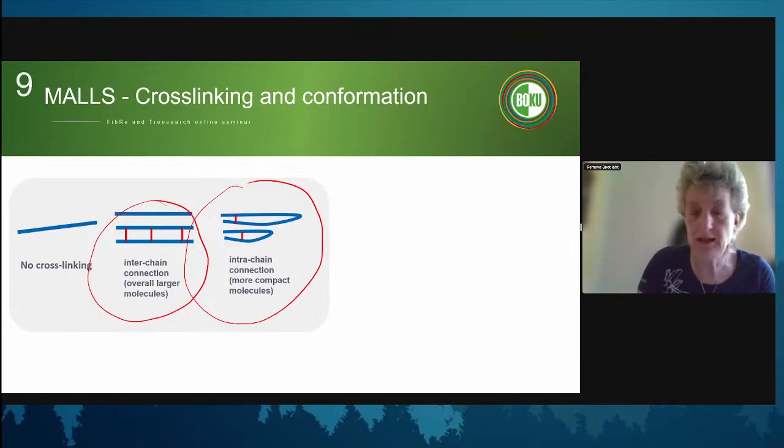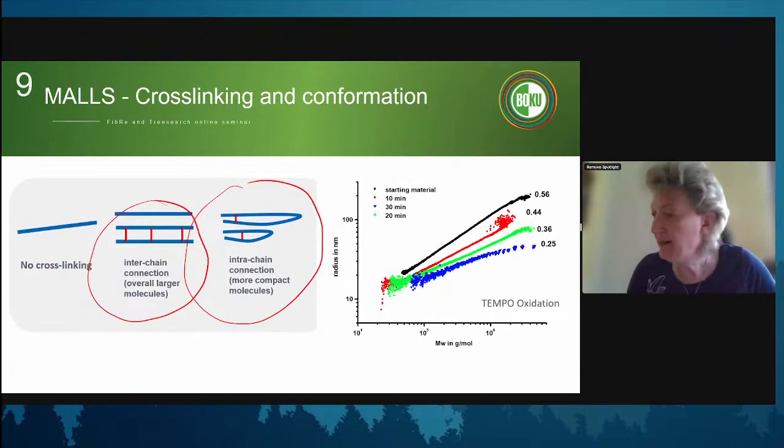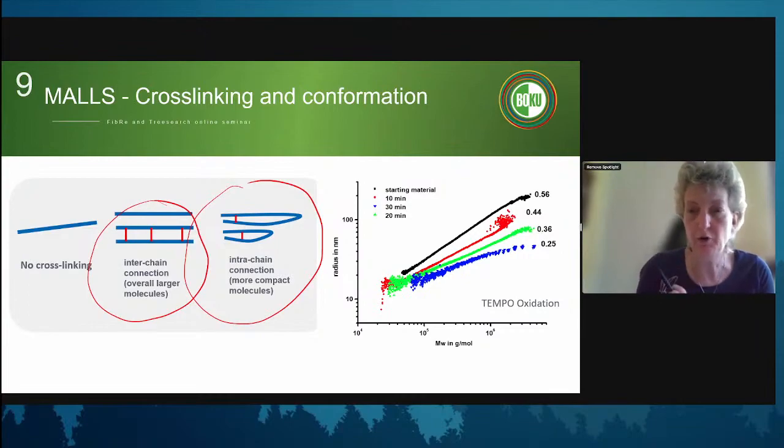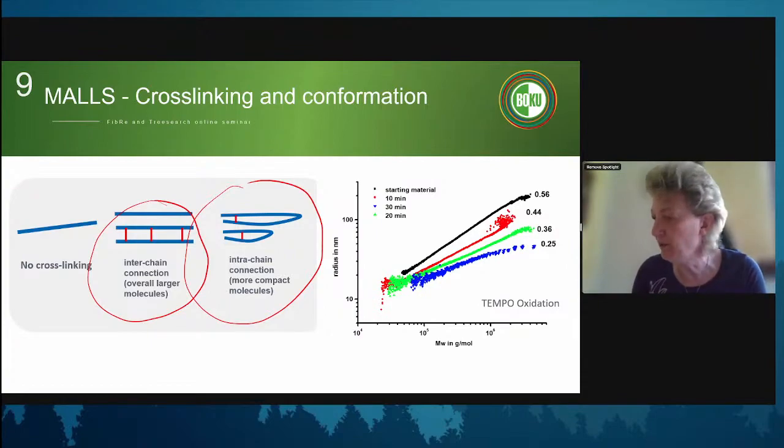And this we can see when we look at the conformation plot, which is a double logarithmic plot of the molar mass we measure by light scattering against the radius of gyration in our solution. You see this here on the right side, for a TEMPO example.